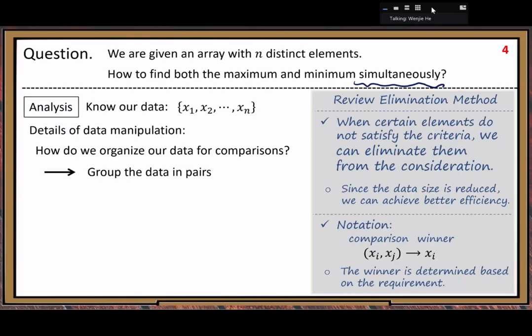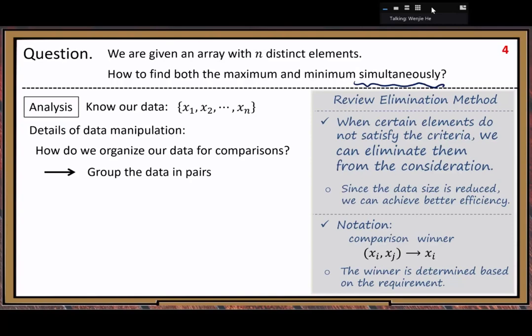Later we will call it the tournament method. It comes from real world experience. You play the sports game in the tournament fashion. You pair the players.